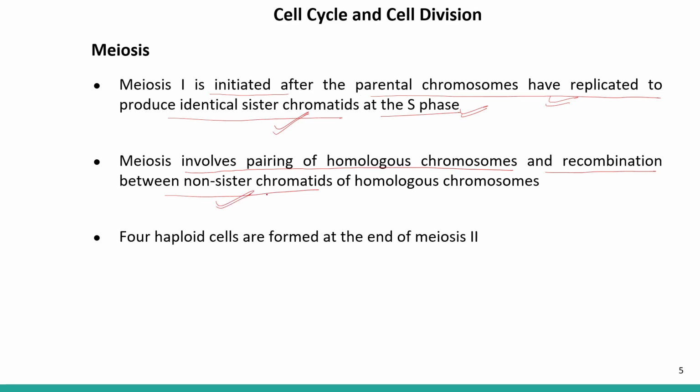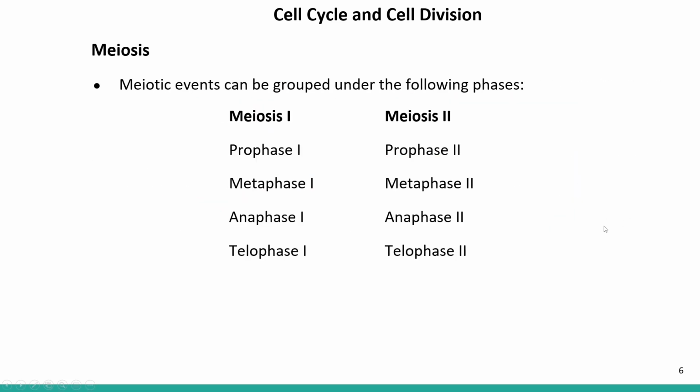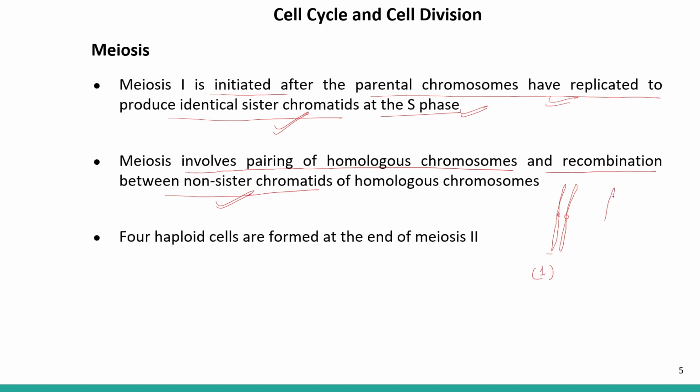The homologous chromosomes come and pair like this. This is one chromosome and this is another chromosome. Suppose this is chromosome number 1, it has a pair. Now for chromosome number 2, we will have a pairing like this.